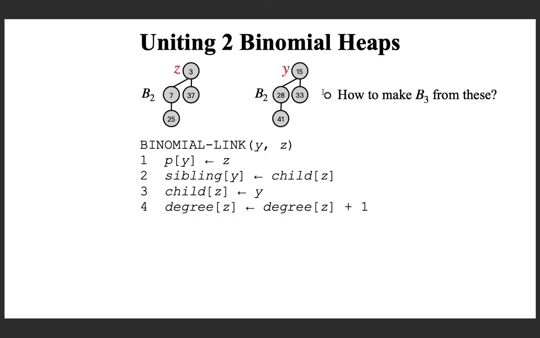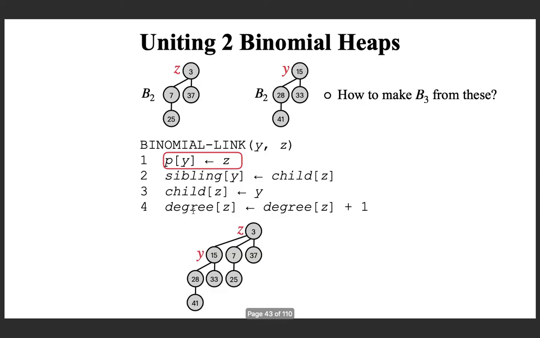I just want to set y as a left child of z, because 3 is less than or equal to 15, and this is the procedure. We can just verify the correctness of this procedure. The first statement, you are setting the parent of y as z. So if you do that, this is what you are doing.